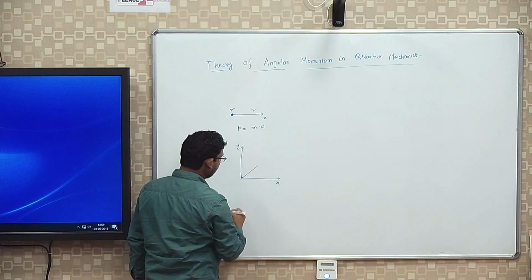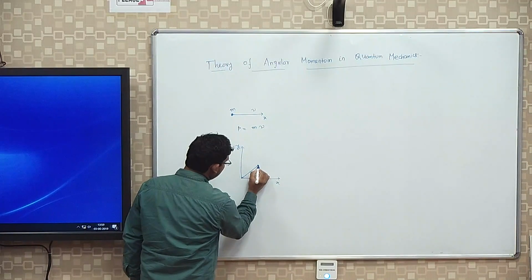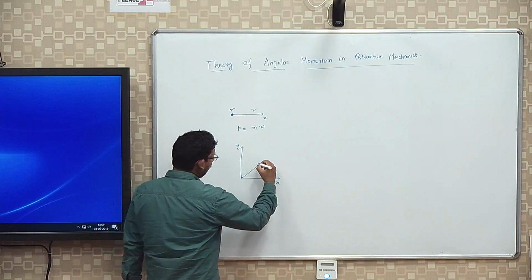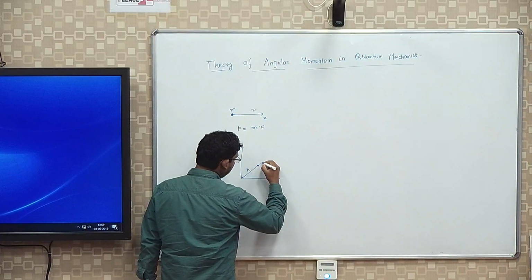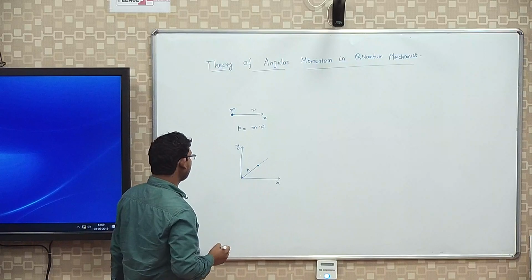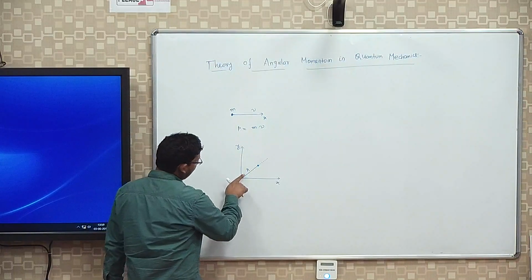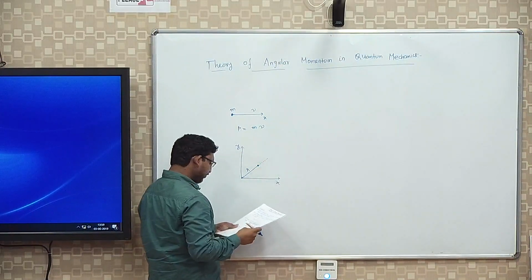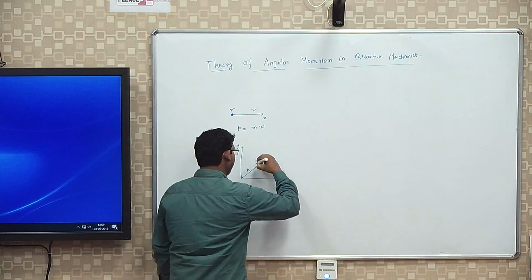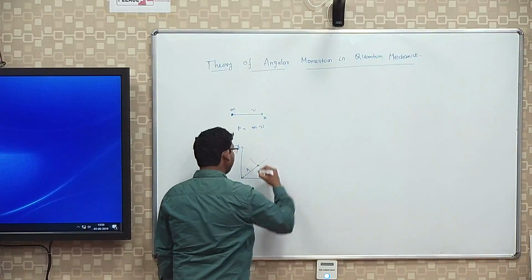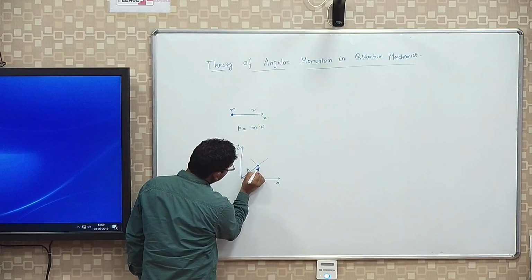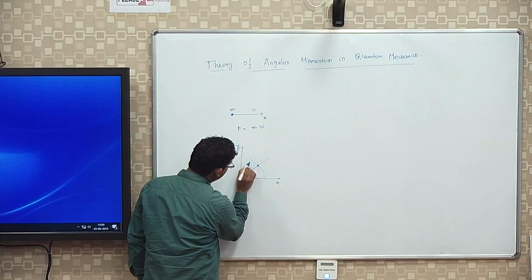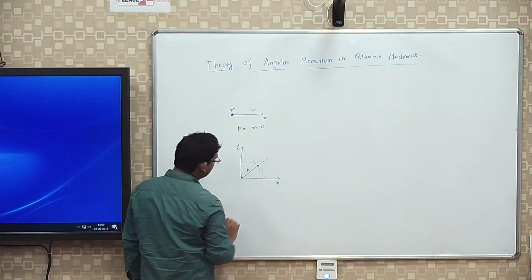this is the x component, this is the y component. If this particle with mass m is moving in a circular path, it actually has two components. One is the velocity parallel to the radius of the circle, and the other is the cross radial component, or you can say the tangential component.